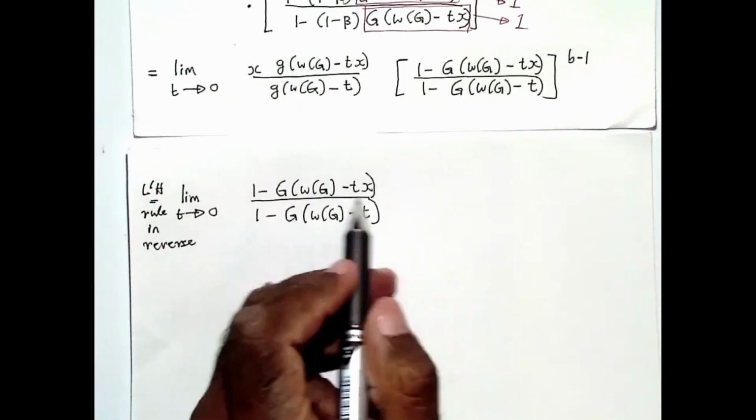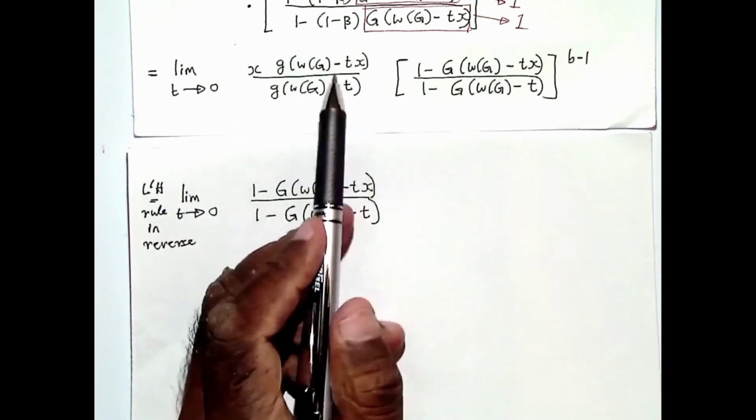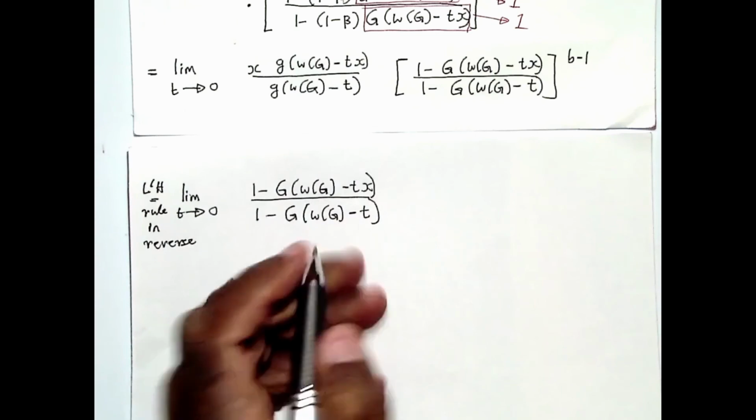All right, so if you differentiate this and this with respect to t, you will get what you have here and here. All right.